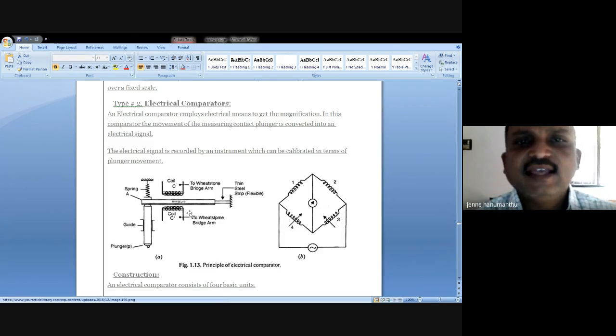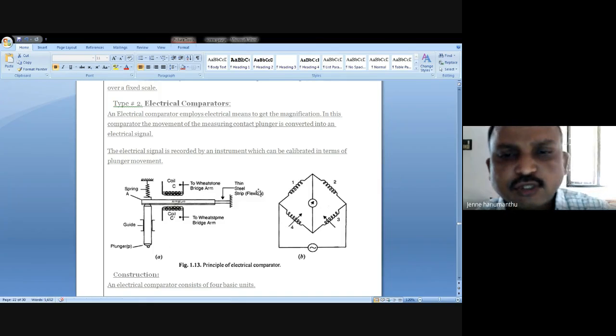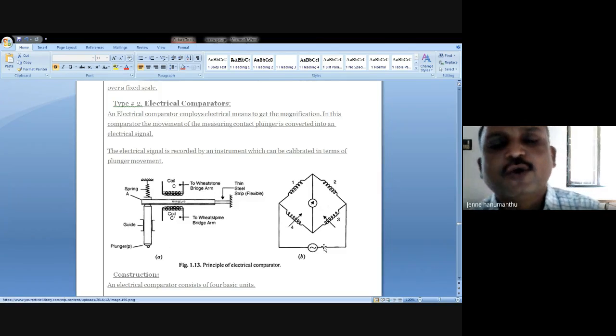That is the LVDT construction. If the plunger doesn't detect any deviations on the surface, say it is a completely smooth surface, the armature doesn't take any displacement between the two coils. So the induced EMF in the coil is zero, the bridge is balanced, and the output is zero.